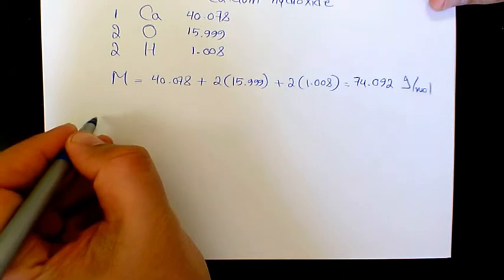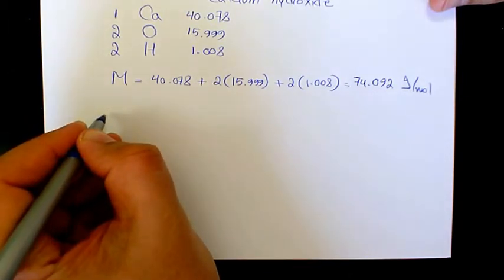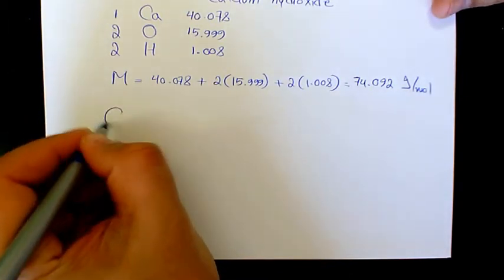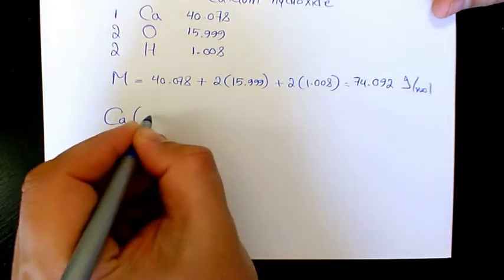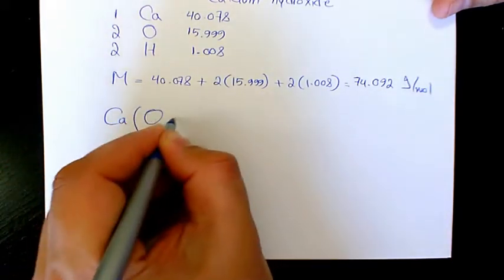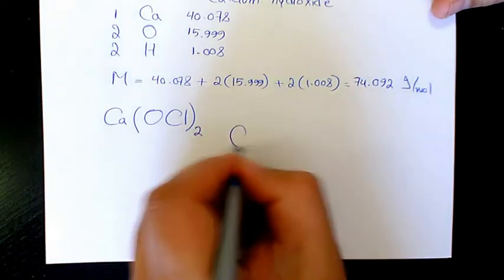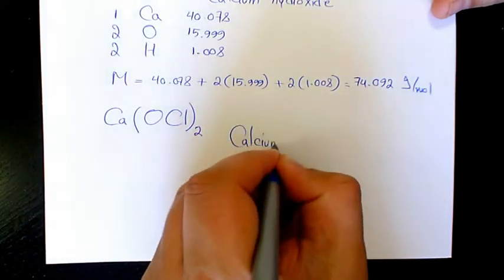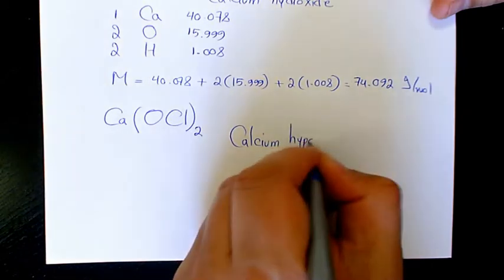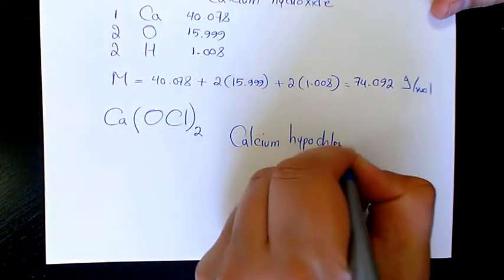Next one is calcium hypochlorite, Ca(OCl)2, or ClO, I prefer to write OCl. Calcium hypochlorite.